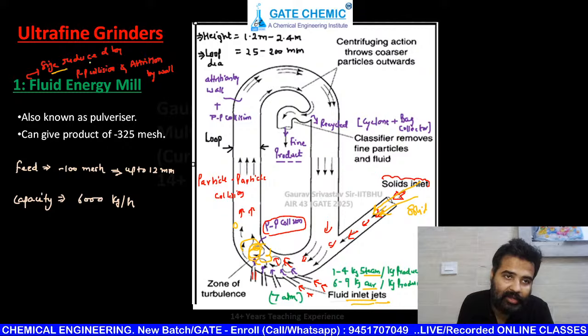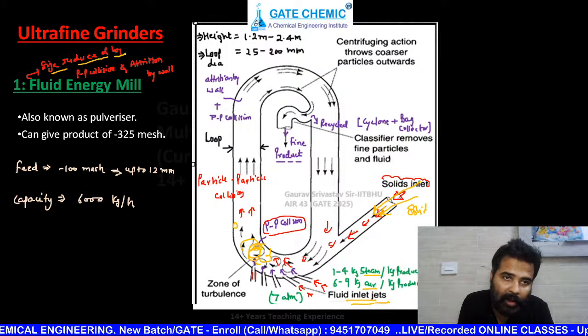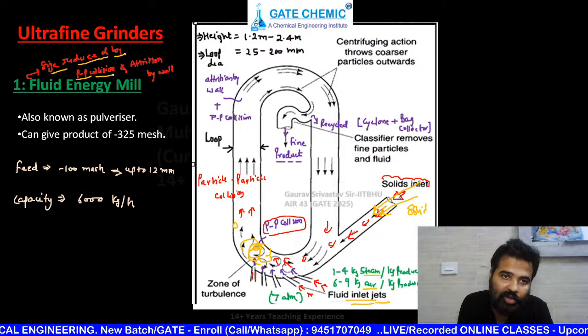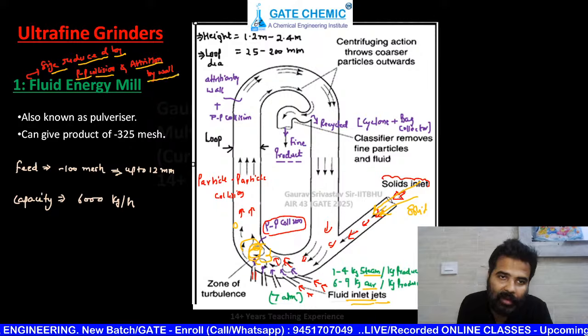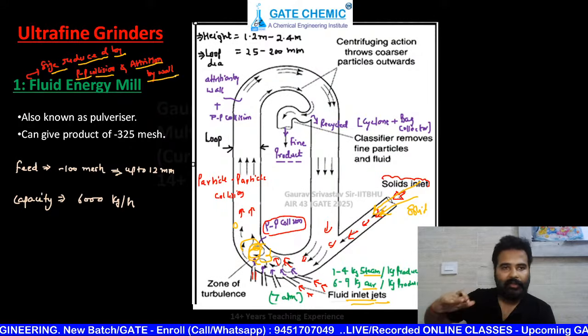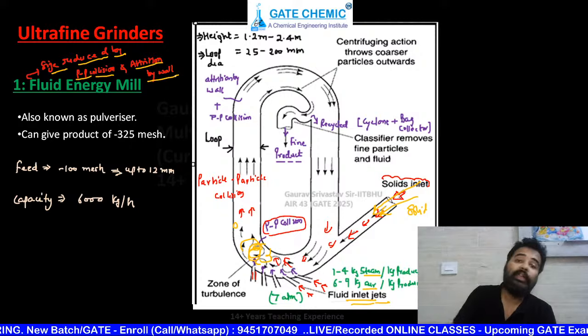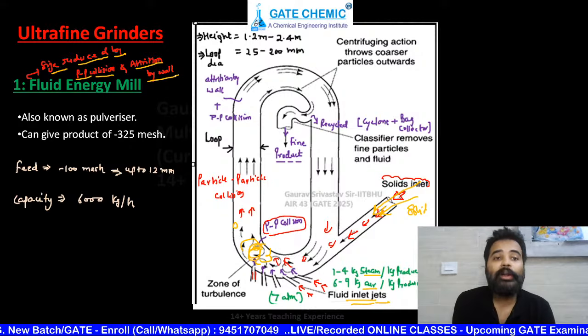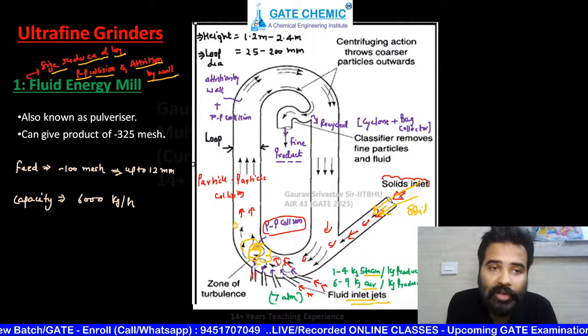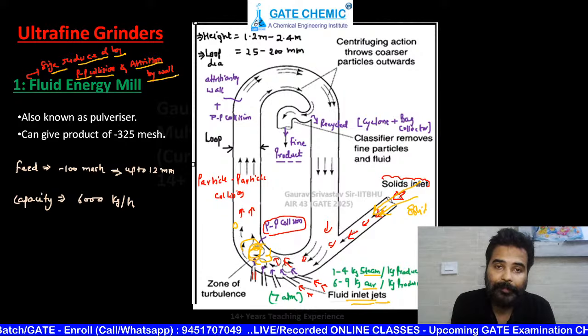See, size is reduced by particle collision and attrition by wall. वॉल से कोलिजन भी करेंगे और वॉल से घिसते हुए भी जाएंगे. So attrition is also given by wall. So the main is particle collision and attrition by wall.